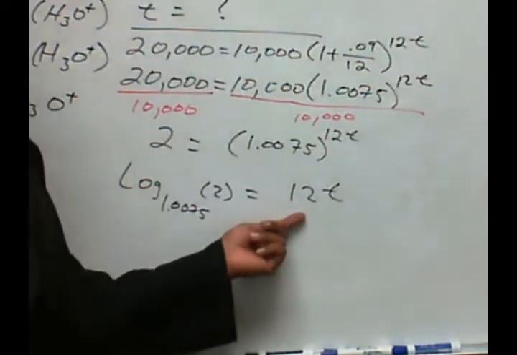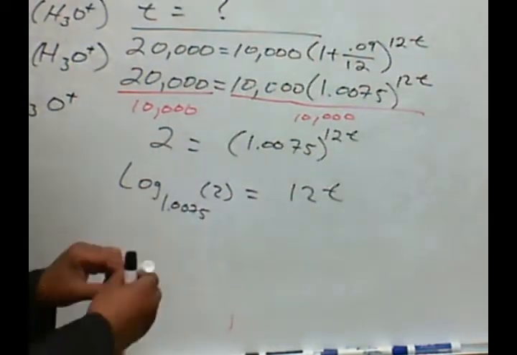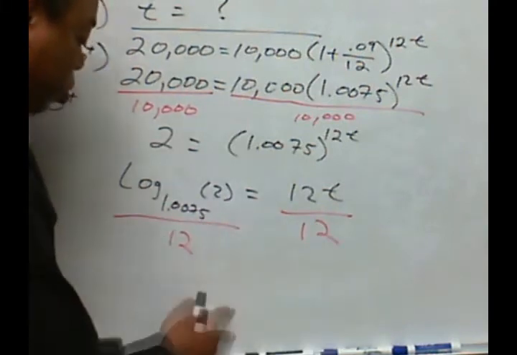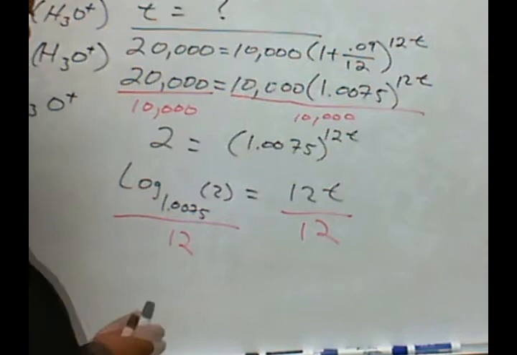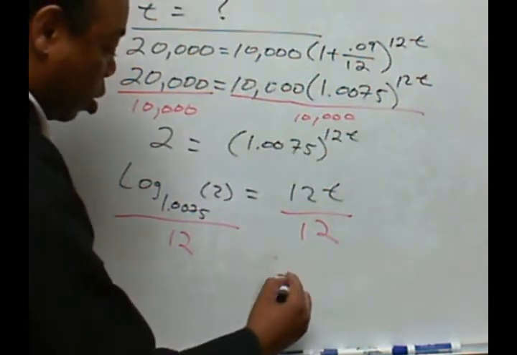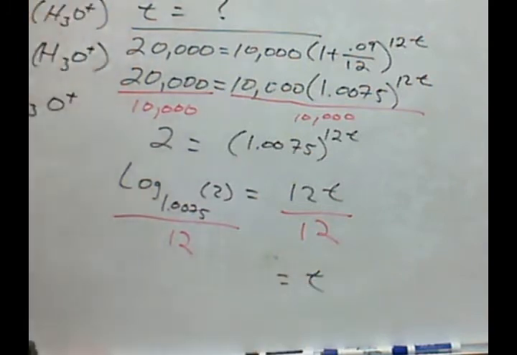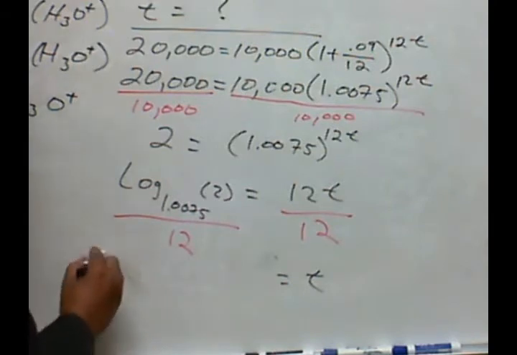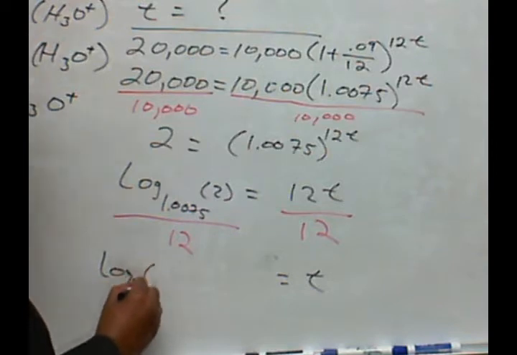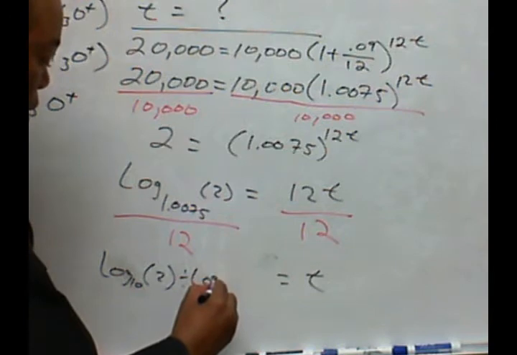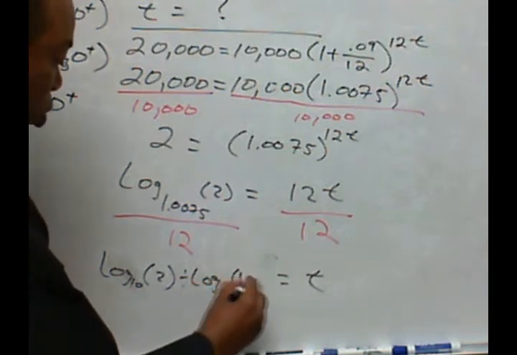Now, our third step will be dividing both sides by 12. In order to solve this, I'm going to take log base 10 of 2 and divide that by log base 10 of 1.0075.